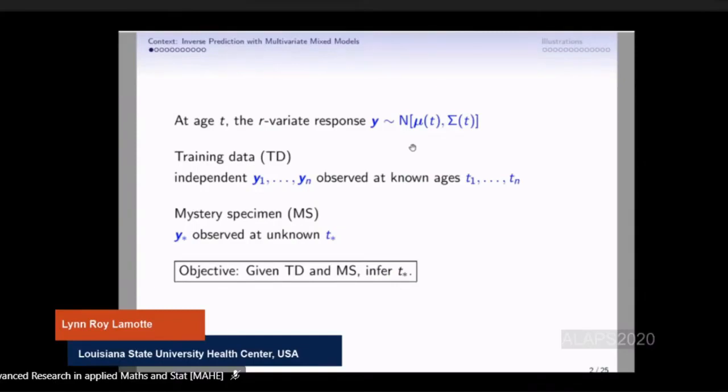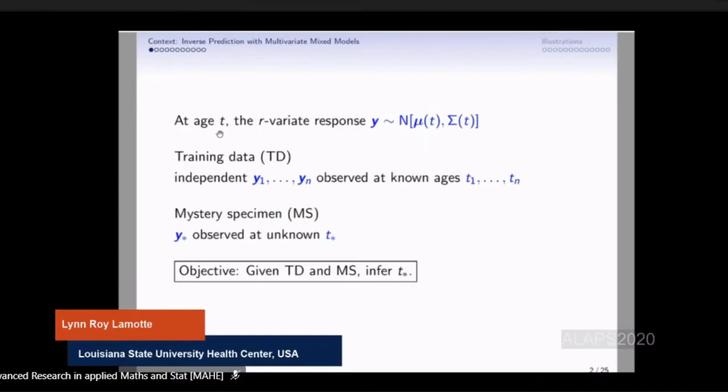So here's the setting, though, which requires some introduction and explanation. This is the setting in which I have encountered this, and that's inverse prediction with a multivariate response. And so here's the setting of inverse prediction.